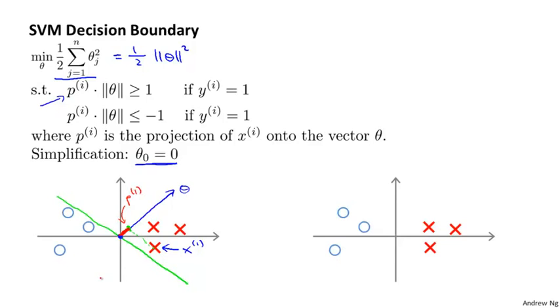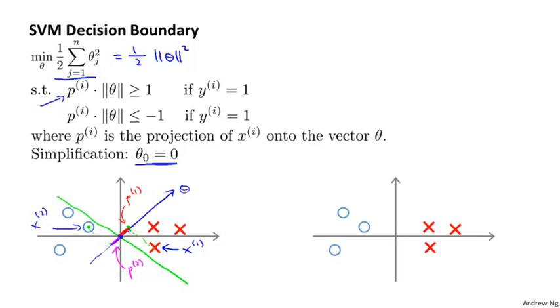And similarly, if this example here happens to be x2, my second example, then if I look at the projection of this example onto theta, let me draw this one in magenta. This little magenta line segment is going to be P2. That's the projection of the second example onto the direction of my parameter vector theta, which goes like this.